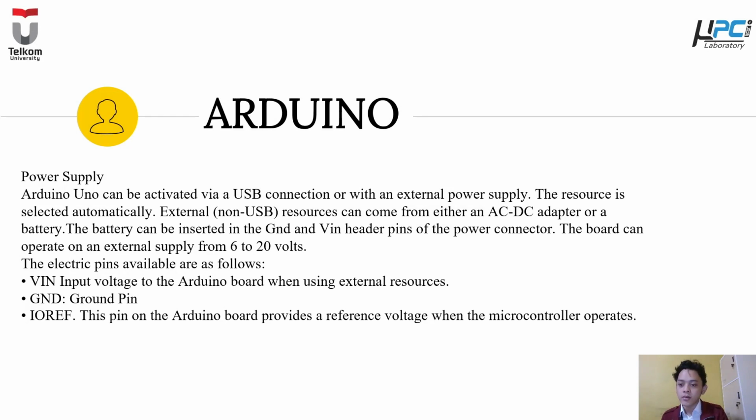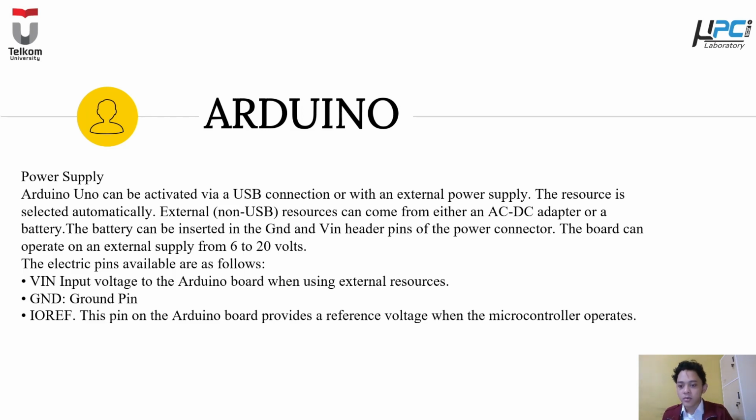So Arduino Uno can be powered via a USB connection or with an external power supply. The source is selected automatically. The external or non-USB source can come from either an AC-DC adapter or a battery. The battery can be inserted in the ground and Vin header pins of the power connector.